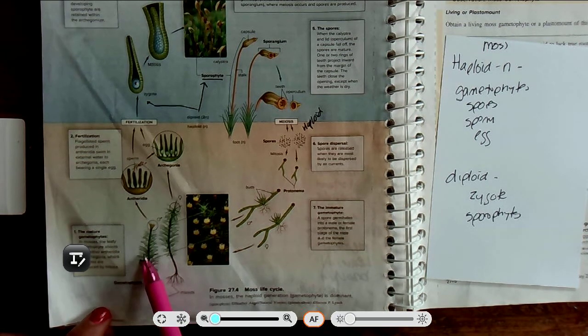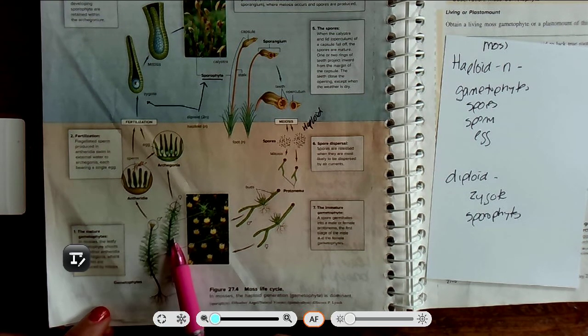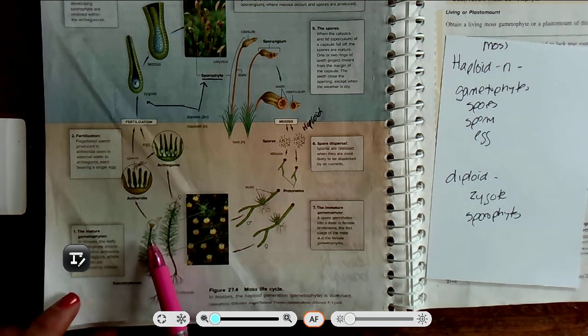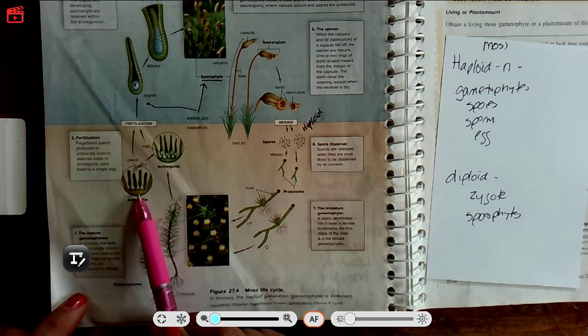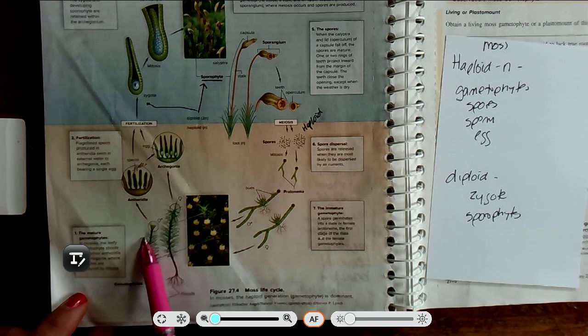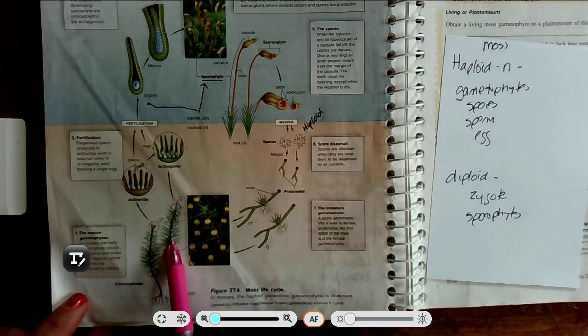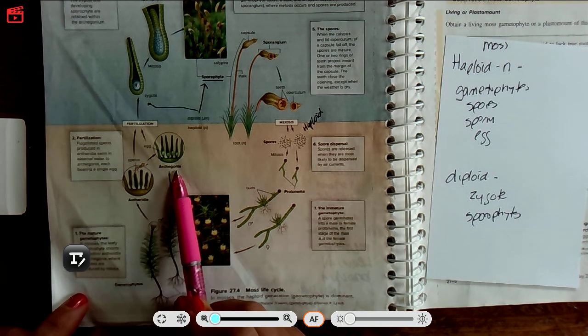The mature gametophyte, what we think of as moss, is haploid, and there are actually male and female moss plants. The male moss plant produces sperm in the antheridia. The female moss plant produces eggs in the archegonia.